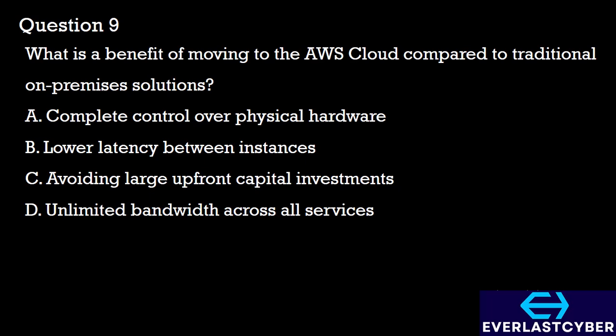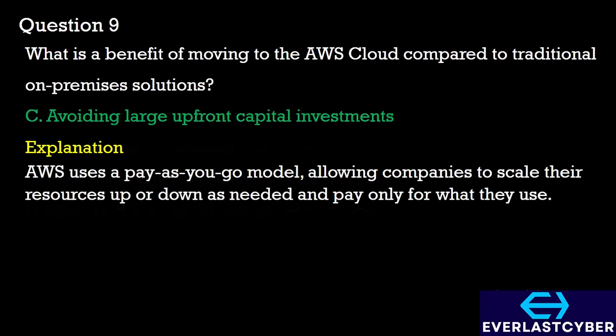For option C, one of the main benefits of moving to the AWS cloud is the ability to avoid large upfront capital expenditures that are typically associated with buying and maintaining physical hardware in traditional on-premises solutions. AWS uses a pay-as-you-go model, and this allows companies to scale their resources up or down as needed and pay only for what they use. For option D, bandwidth is not unlimited in AWS, so there are limits and associated costs for data transfer. So the main benefit we'll be looking at here is option C.